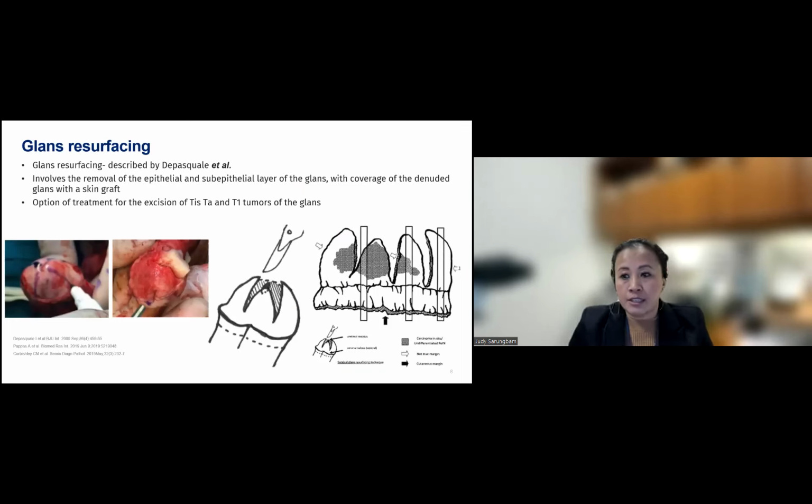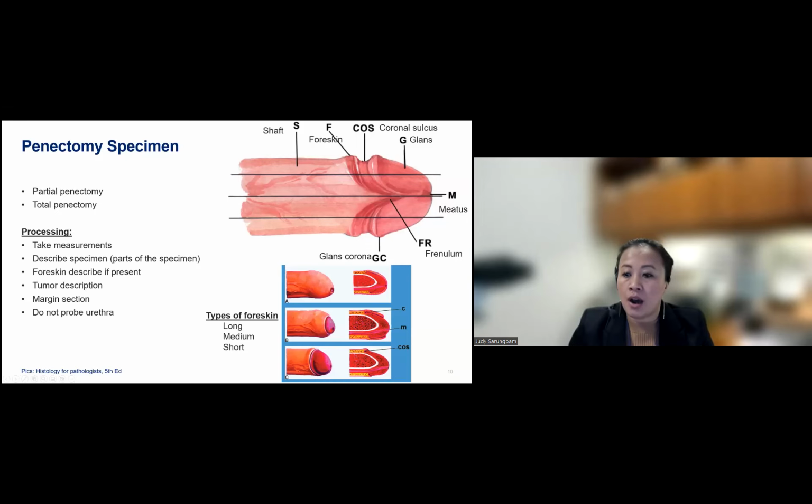Foreskin can be long, medium, or short, depending on how the foreskin covers the glans. Identify any tumor or lesions on the specimen, and the first thing we do is take the section of the margin, because we do that before we go any further with the specimen.